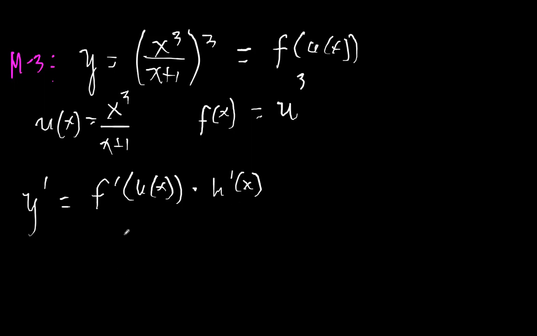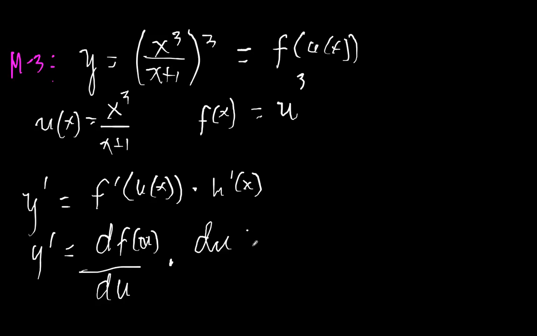This is what we used in method 1, right? So by limits, this is equal to df of u with respect to u times du of x with respect to x. So we need to identify the derivative of f in terms of u and the derivative of u in terms of x.